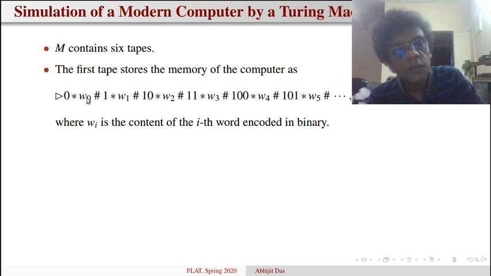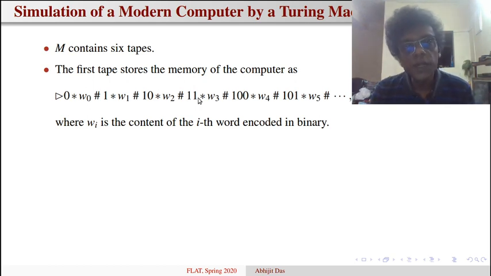So each W0, W1, W2, Wi is the content of the word at address i. Both i and Wi are encoded and stored in binary in this fashion. So the memory of the computer can be stored in this fashion.